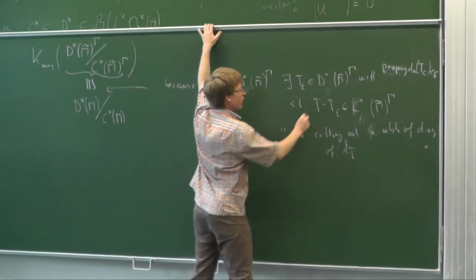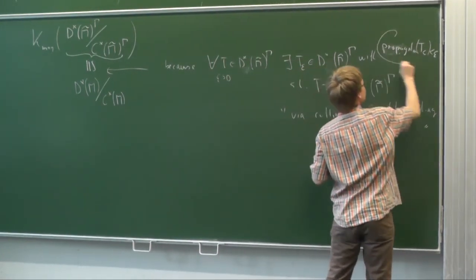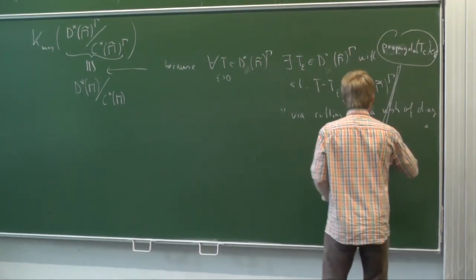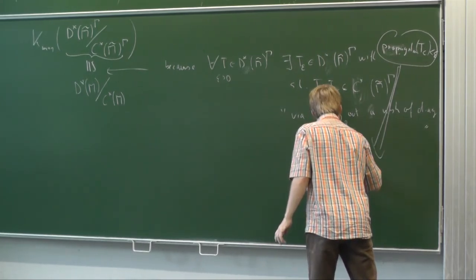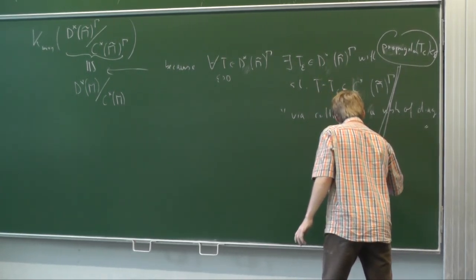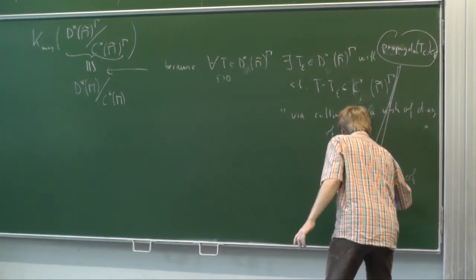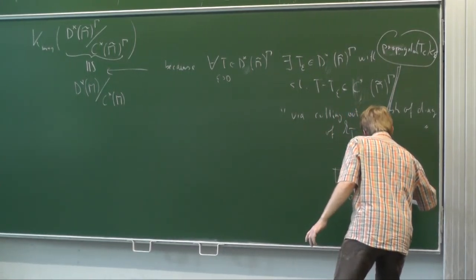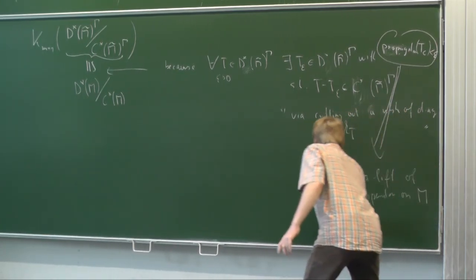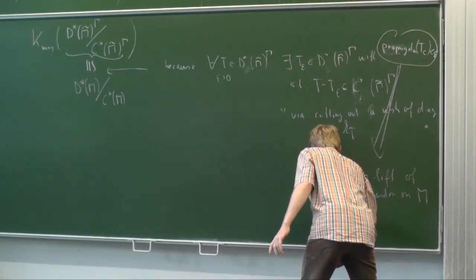So this propagation property implies that T epsilon is a lift of an operator on M. For this we need epsilon small enough.